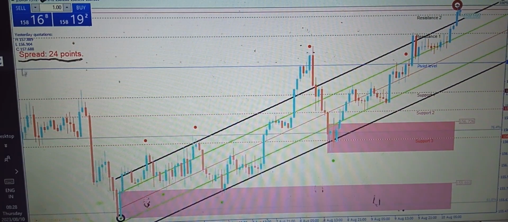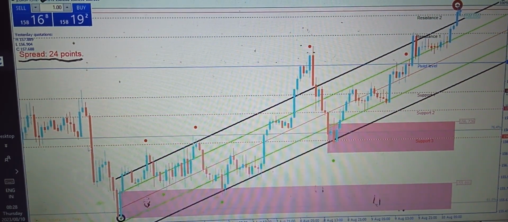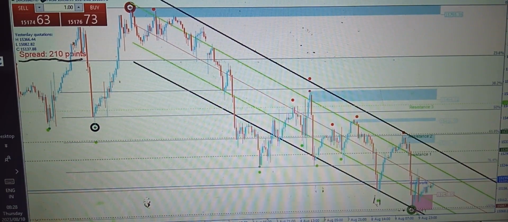Now looking at Euro GBP, this is the reason why currencies don't make as much money as indices, meaning the indices are more volatile than the currency pairs. The reason is the spread. US30 is 378 points and Nasdaq is 210 points.